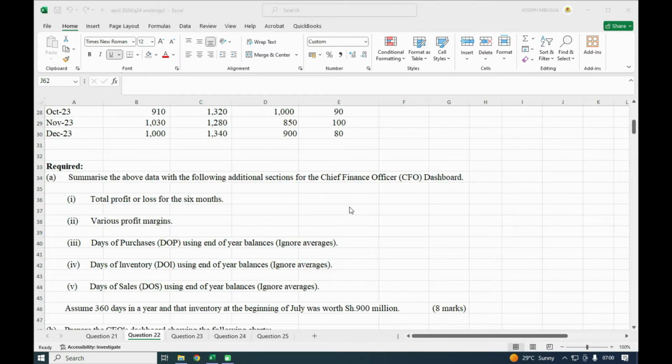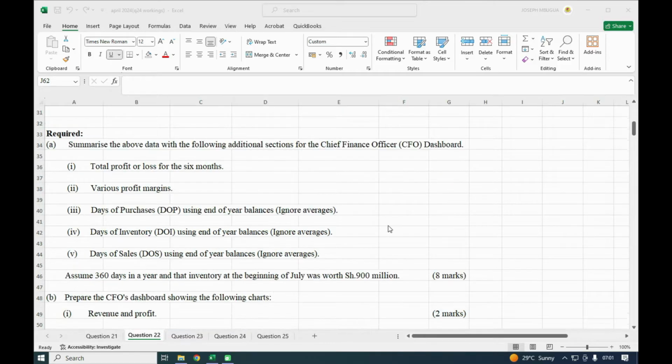So we are required, number A, to summarize the above data with the following additional sections for the Chief Finance Officer dashboard. So we just need to summarize this information that is supposed to appear in the Chief Finance Officer dashboard. We are not supposed to prepare a dashboard in the first instance. It's only the additional sections for the Chief Finance Officer dashboard.